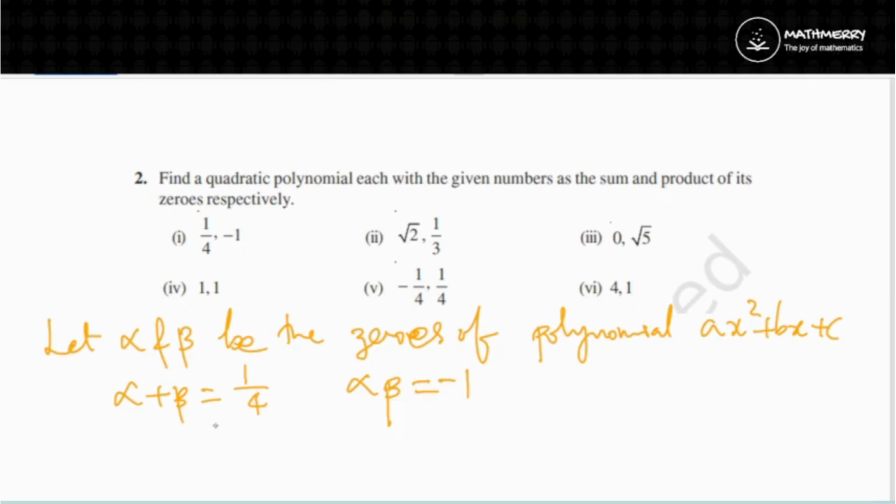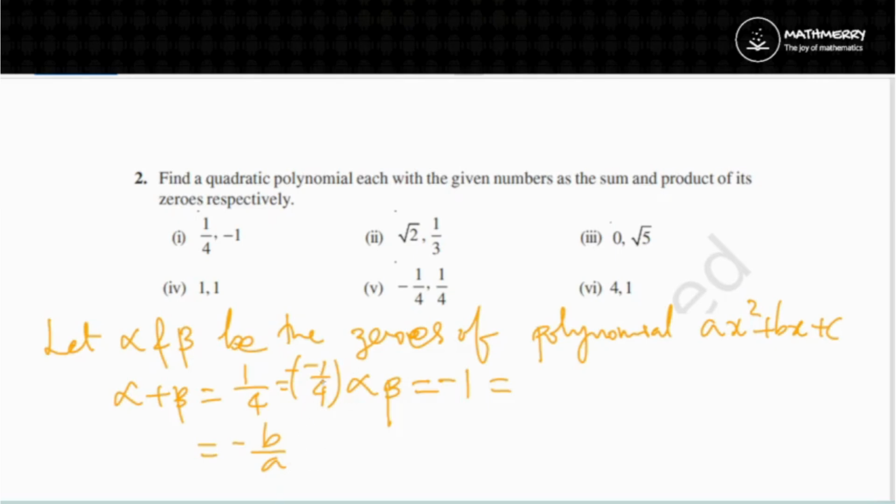Okay, so this means 1 by 4 is equal to minus of minus 1 by 4, which is equal to minus b by a. And here this we need it as c by a. So first we got it here, b as minus 1 and a as 4.